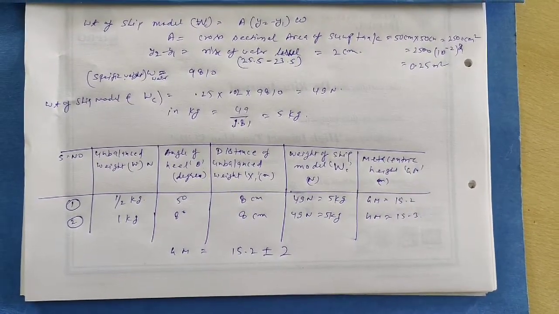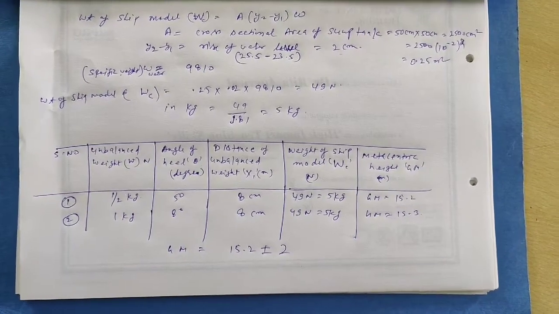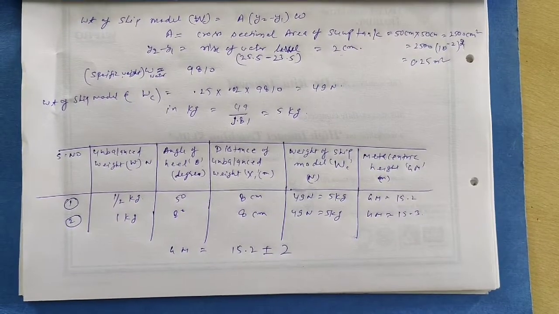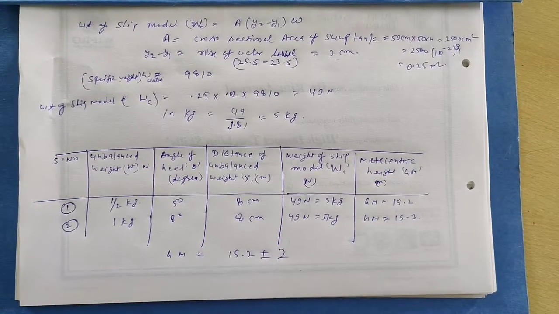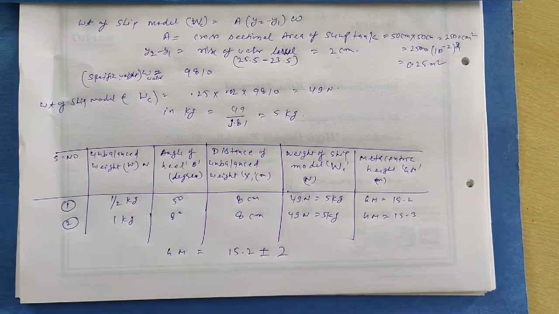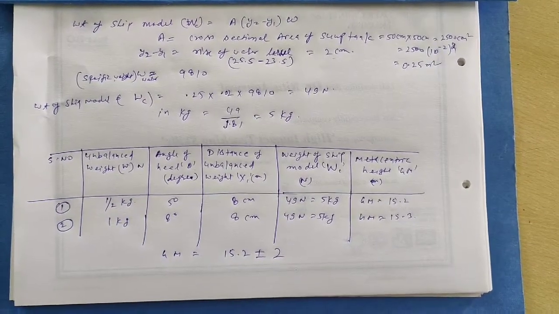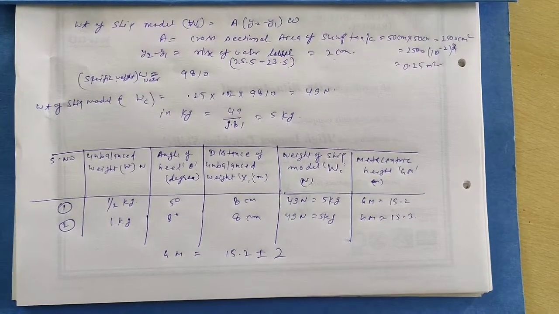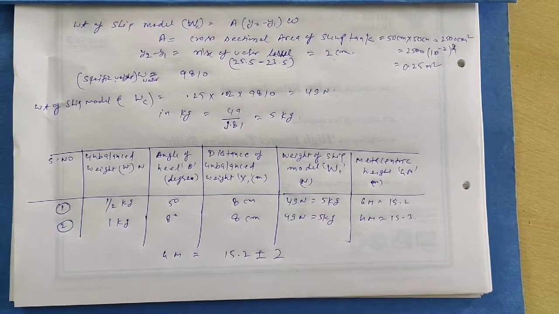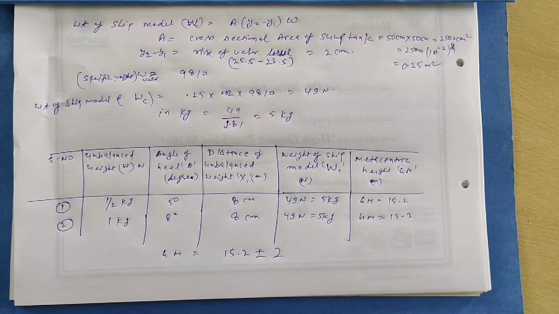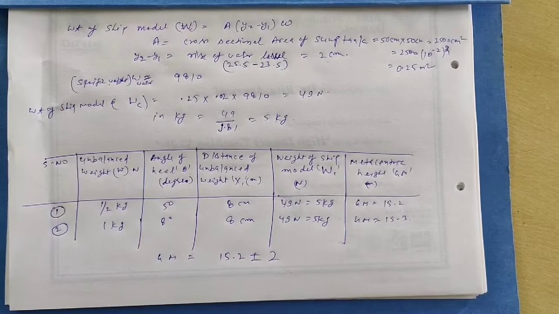The specific weight of water we know is 9810. So the weight of ship model is area 0.25 into rise in water level, 2 centimeter converted into meter, that is 0.02, into specific weight 9810. The answer is 49 Newton. This is the weight of ship model, and in kg we can convert it by dividing by 9.81, the gravitational acceleration. We find the mass of ship model is 5 kg.